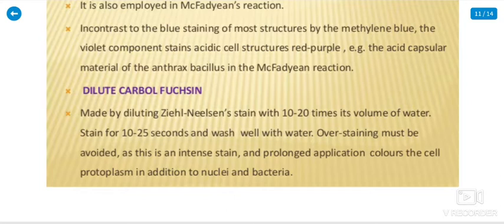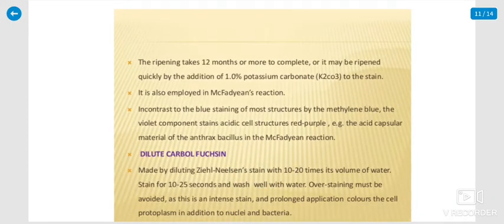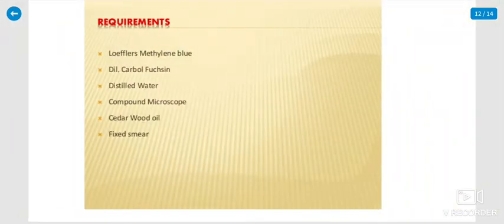Overstaining must be avoided, as this is an intense stain and prolonged application colors the cell protoplasm in addition to nuclei and bacteria. This is the dilute carbol fuchsin method.